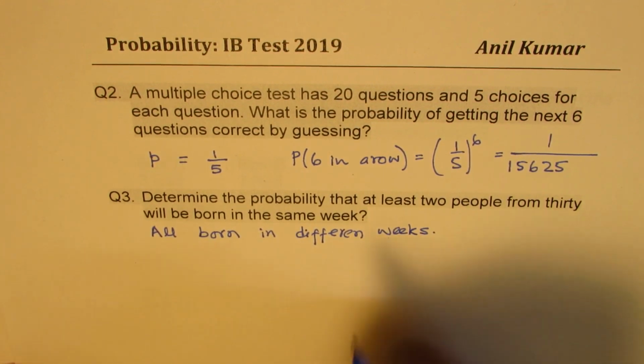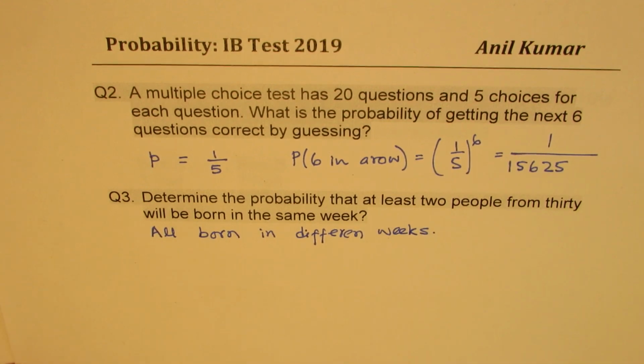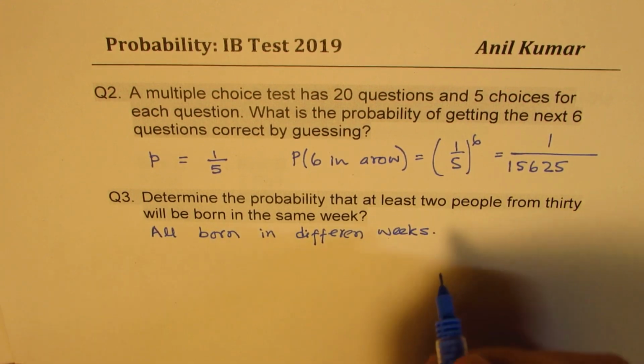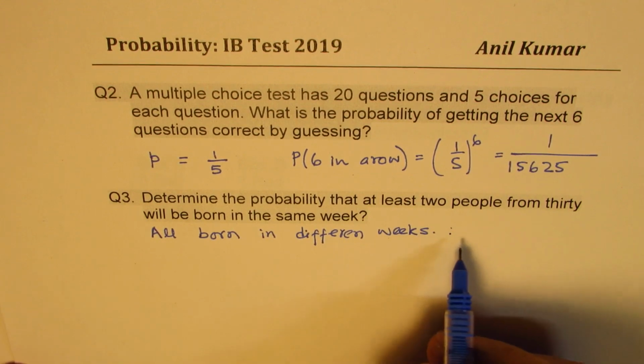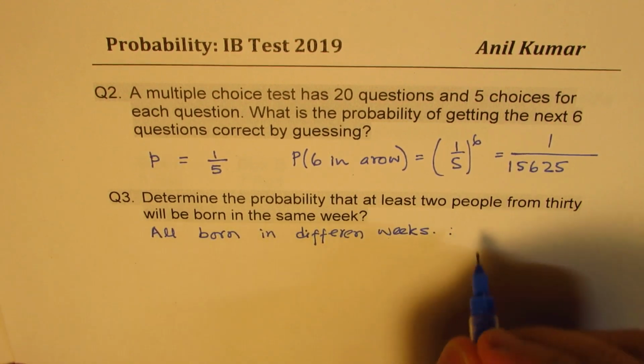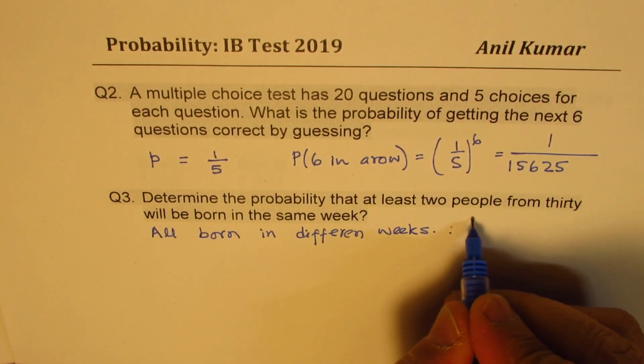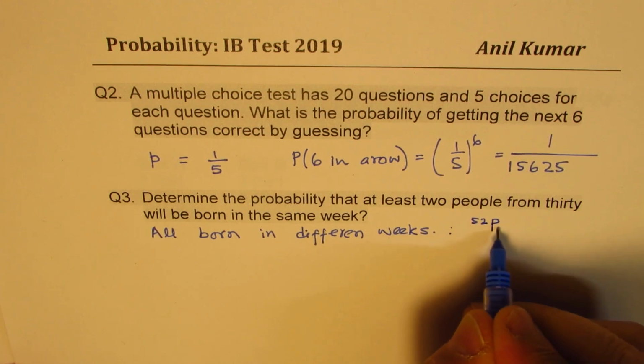So there are total 52 weeks, right? So that means for the first person to be born, we have 52 choices. Then we have 51. So the number of cases will in this case be 52p20, right?